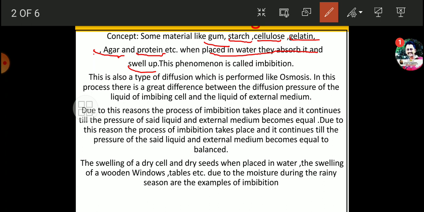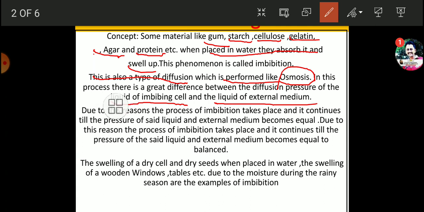This is imbibition. Another point is that this is also a type of diffusion, performed like osmosis. In this process, there is a great difference between the diffusion pressure of the liquid of the imbibing material and the liquid of the external medium.